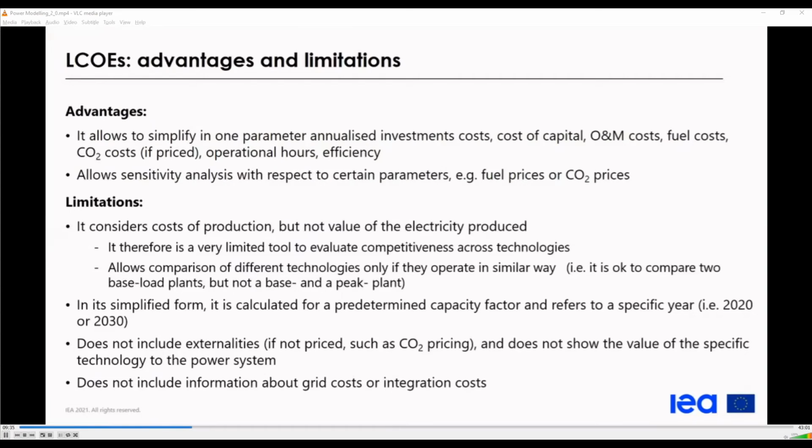So we really feel the need to go beyond this limitation. It does a great job, but we want to overcome this limitation. And that's the concept that we've been developing here at the IEA with the value adjusted levelized cost of electricity.